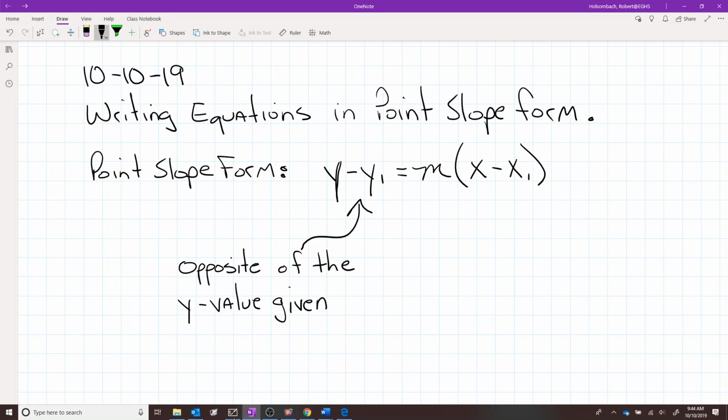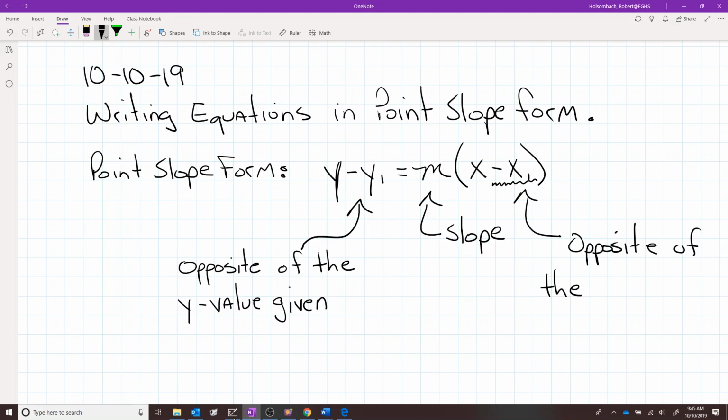The m, okay, that's still the slope. Then the equation will have a left parenthesis, it'll have the letter x, and this right here, that's going to be the opposite of the x value given.